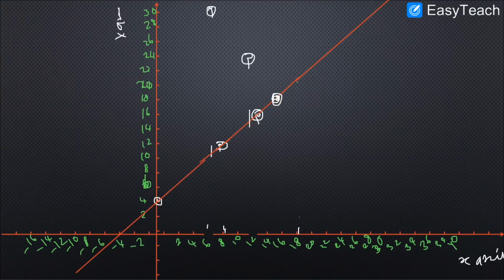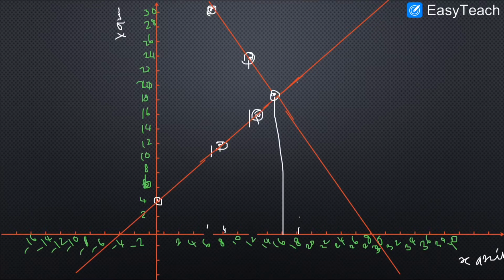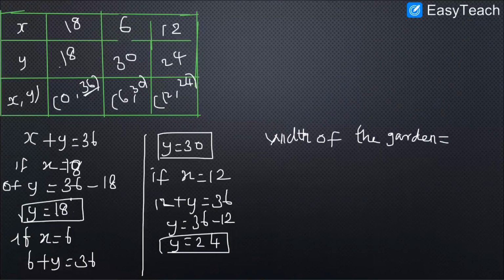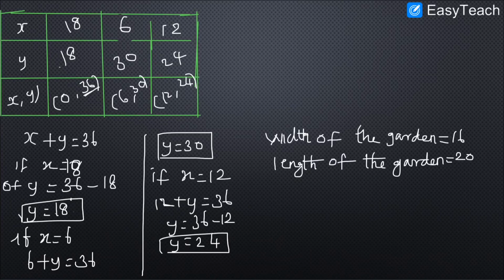If you join these points with a straight line, it gives me 16 and 20. Here it is. So x equals 16, y equals 20. So the width of the garden is 16 and the length of the garden is 20, which are x and y.